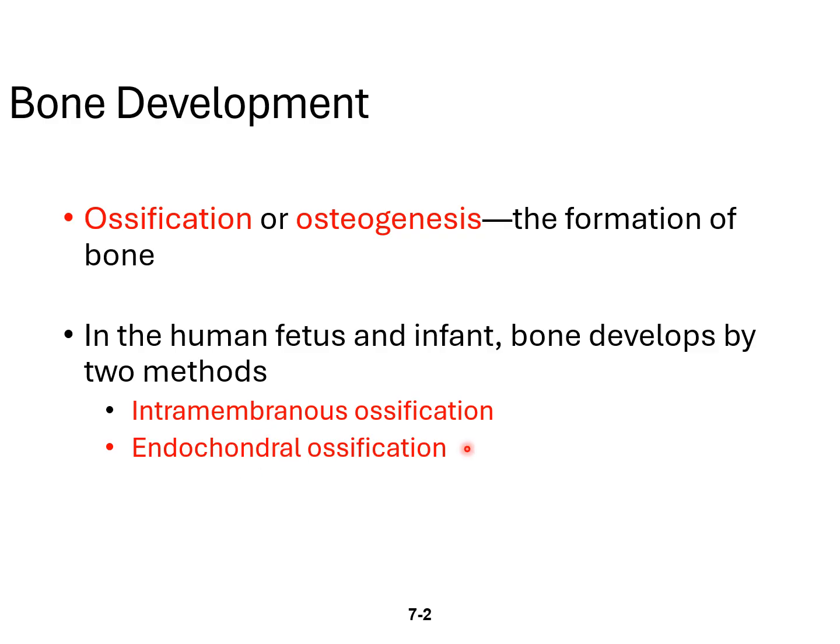But for both of these, we need to know the difference between the osteogenic cells, the osteoblasts and osteoclasts, and then eventually understand which ones are building and which ones are breaking down, so we're not confused when we're answering these questions on the test. So let's break down what makes it intramembranous ossification and what makes it intrachondrial ossification.